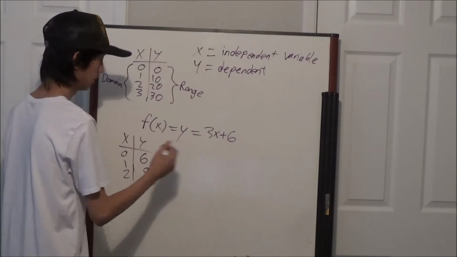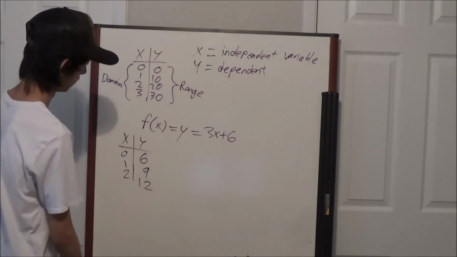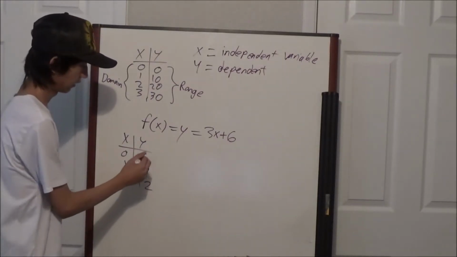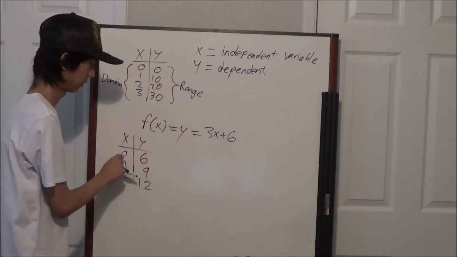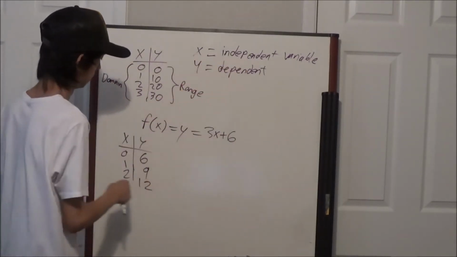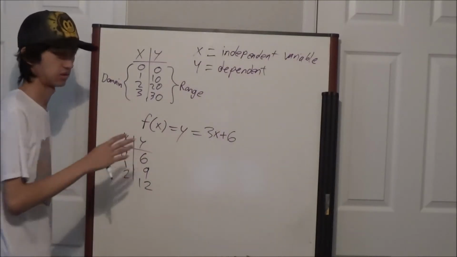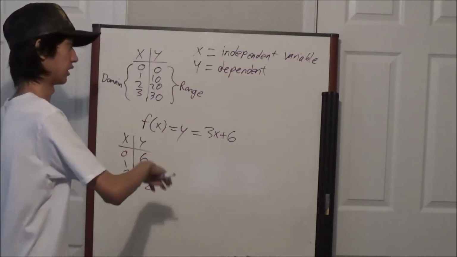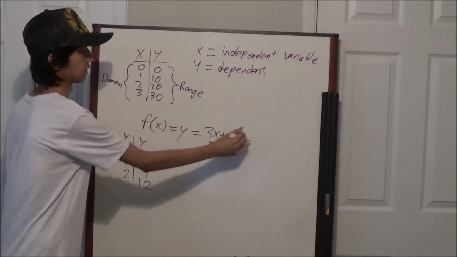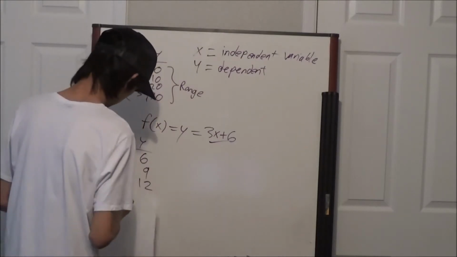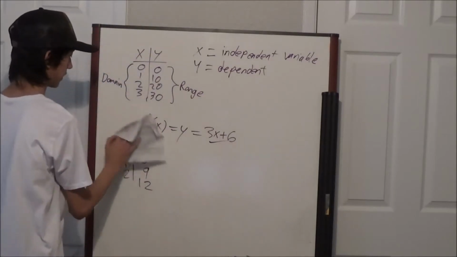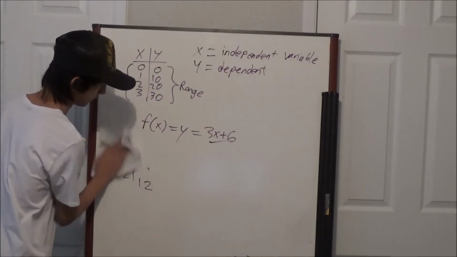If I plug in 2, it's going to equal 12. And so on, no matter how many values I want to plug in. But see how these are the results when I plug in these numbers? That's why it's called a dependent variable. X is independent because they're chosen numbers that I want to plug in. And then the y are dependent, depending on what function it is. Hopefully that helps you easily memorize those vocabulary words, because it's not really that hard.